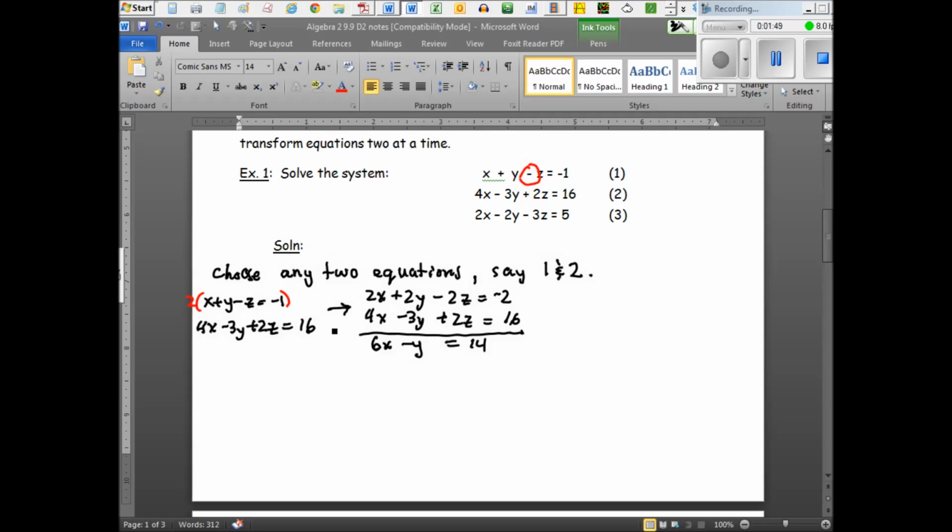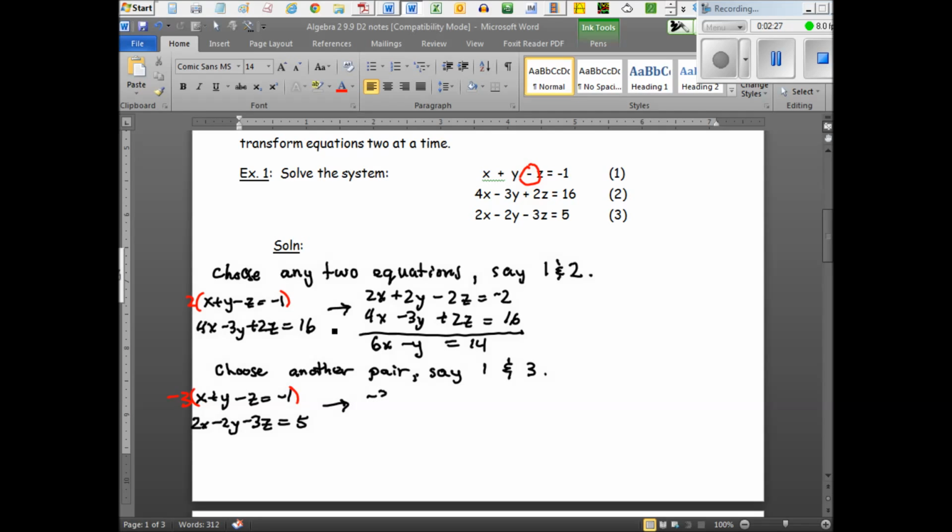Okay, now you choose a different pair. So let's do 1 and 3. I don't remember if that's what I picked in class, but this will work. So we have x plus y minus z equals -1, and 2x minus 2y minus 3z equals 5, and I'm going to multiply my first equation by -3 this time.